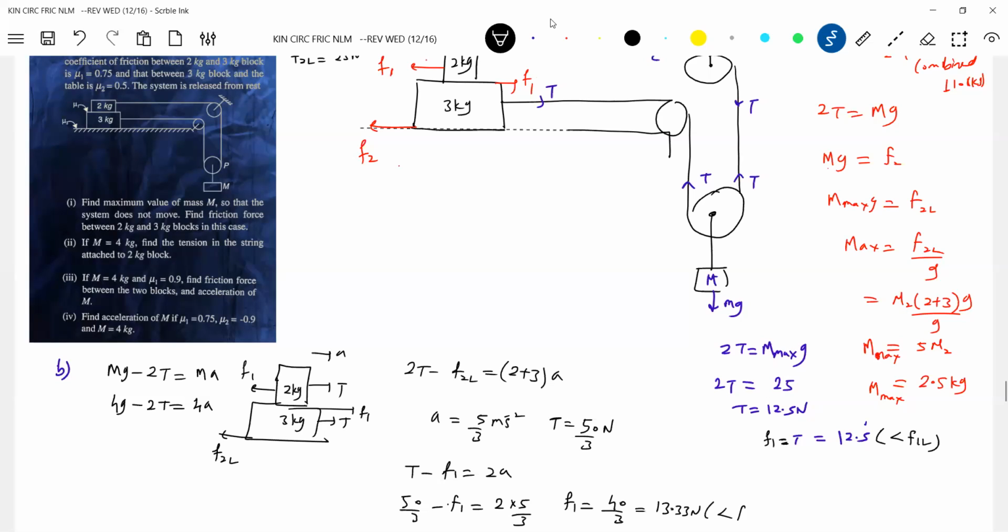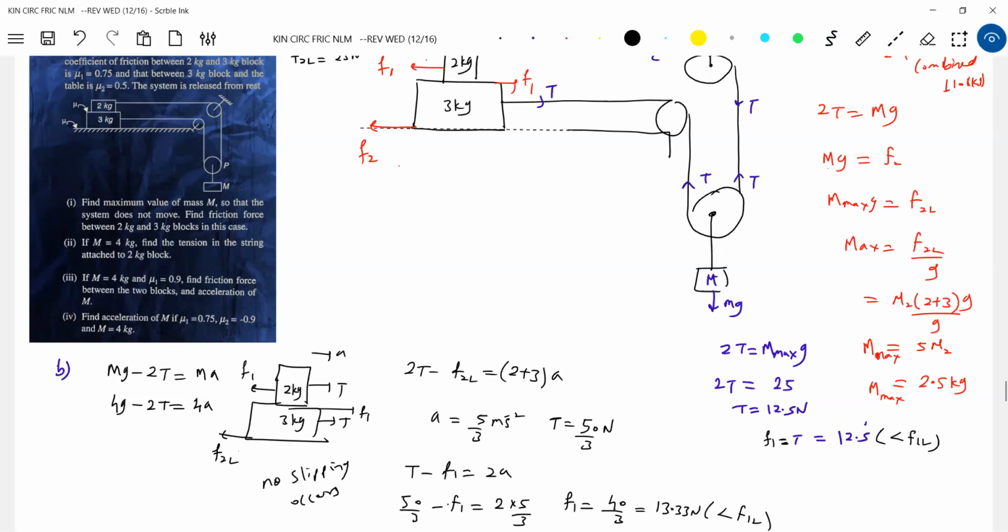I think this is still less than F1L. So what will happen? Is what I assumed right or wrong? No slipping occurs is what I assumed. In fact, correct: the condition assumed is no slipping, and I got F1 less than F1L. So what I assumed is right, and what all I solved is correct. This is very important.